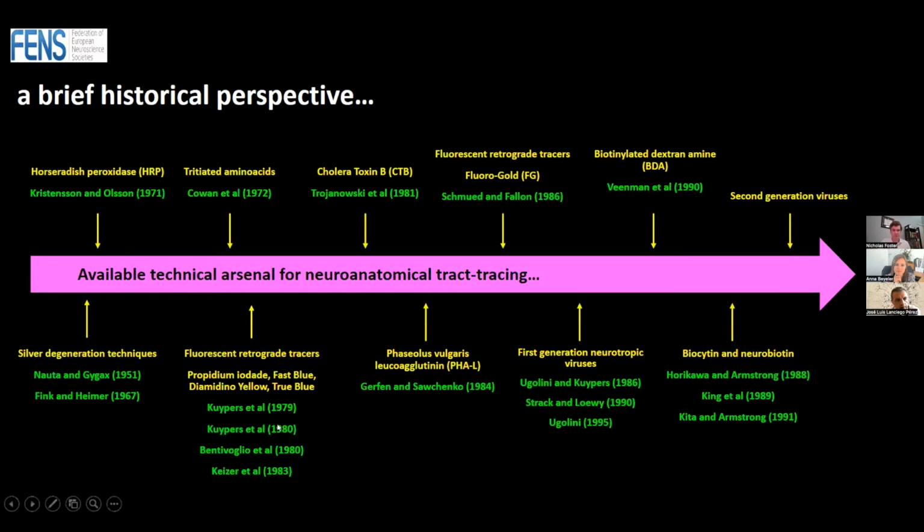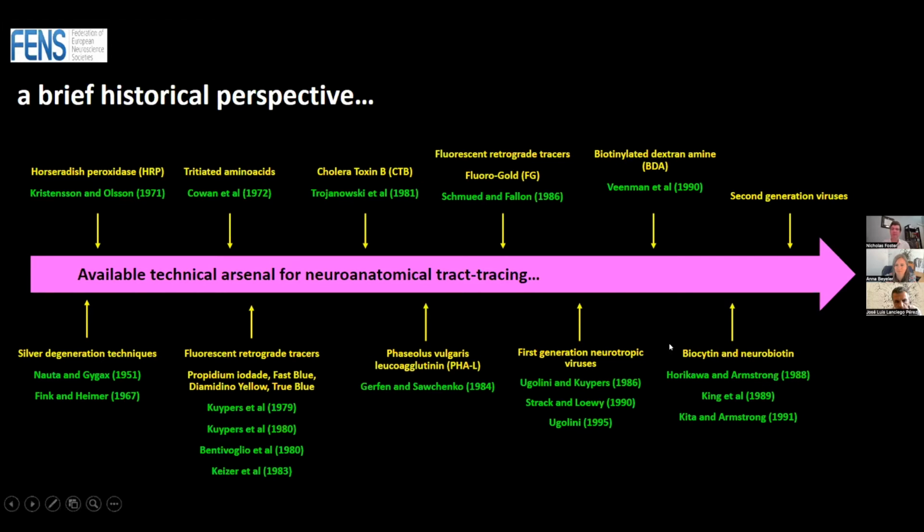Entering the 80s, the arrival of cholera toxin, which you will be hearing quite a lot about today. Fluorogold is a wonderful retrograde tracer, together with PHAL, introduced in 1984 by Gerfen and Sawchenko. At that time, it was the only anterograde tracer available. This really shook the field.